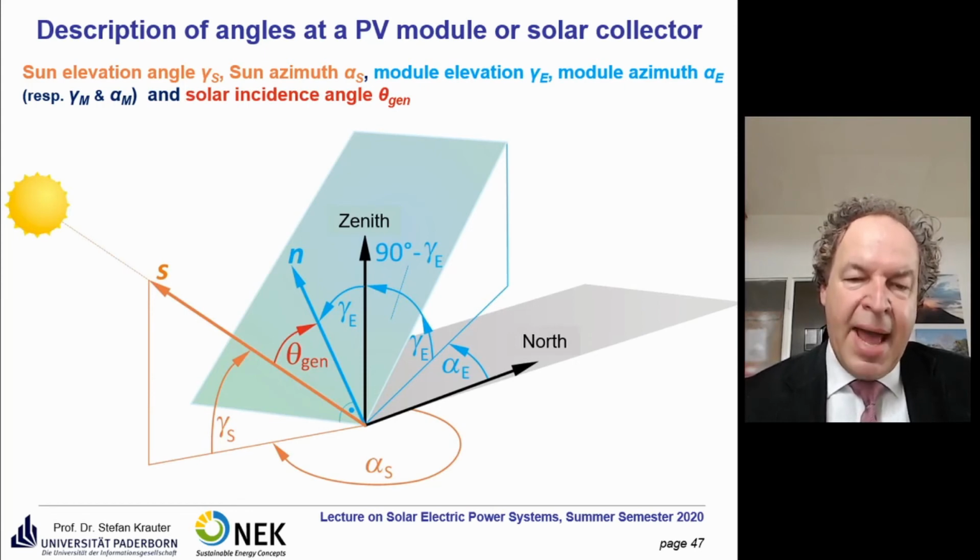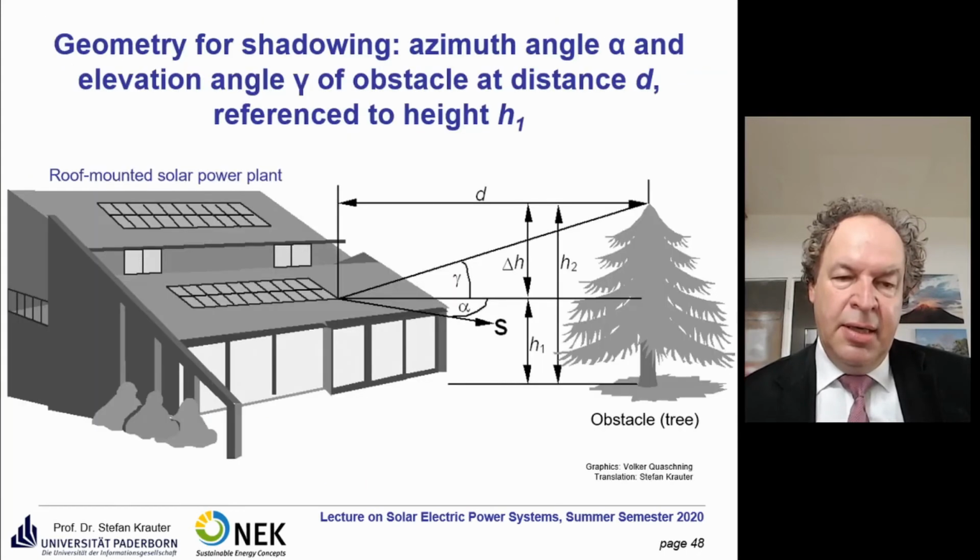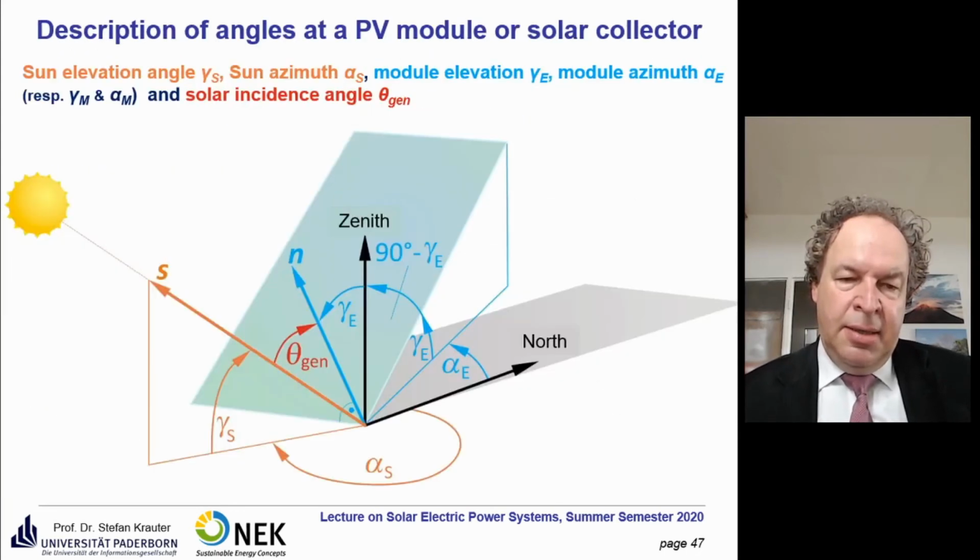Sometimes we use gamma M as module or gamma E. This is derived from the German word Empfänger for receiver and the emitter. And so you can calculate here the actual inclination angle, not only on the flat surface, on the horizontal, but also on the PV module. There are many automated programs which do that nowadays.